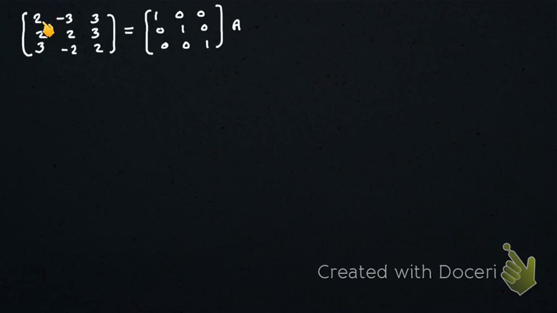This is the general format I'm telling you. So A11 will be made into 1. Use that 1 to make the remaining elements in that column into zeros. Then you should make A22 into 1, and make the elements above and below that into 0. Then you make A33 into 1, and all the elements above that should turn out to be 0, and then it will turn out to be an identity matrix.